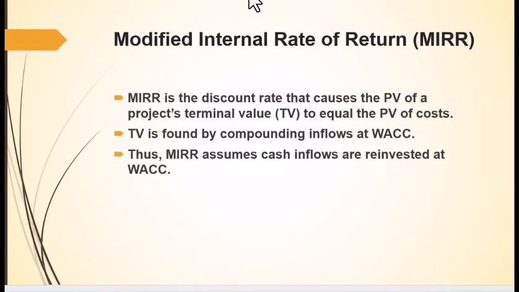Now, the challenge with the internal rate of return, even though it's one of the most popular techniques used, is it is not applicable to many types of projects within the company. So the modified internal rate of return gets rid of some of the projects that just can't be answered with the internal rate of return.